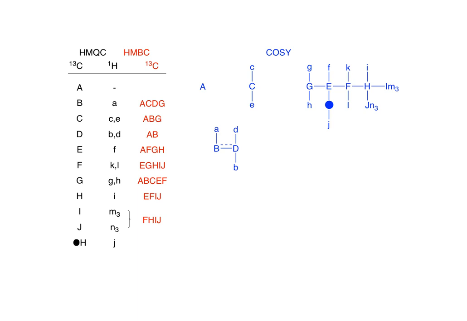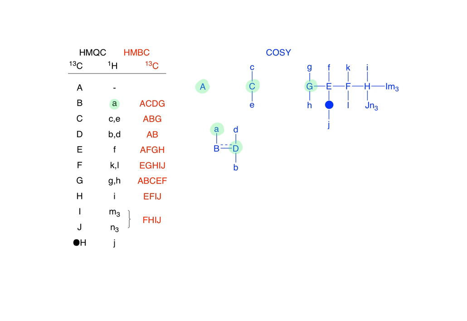Let's start with proton A. Proton A shows a correlation with carbon A, carbon C, a 2-bond correlation with carbon D, which we already knew, and we see a correlation of proton A with carbon G.